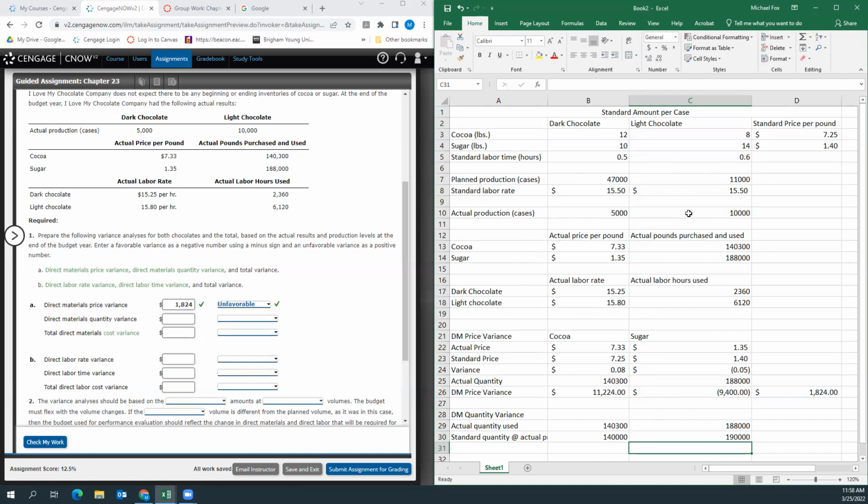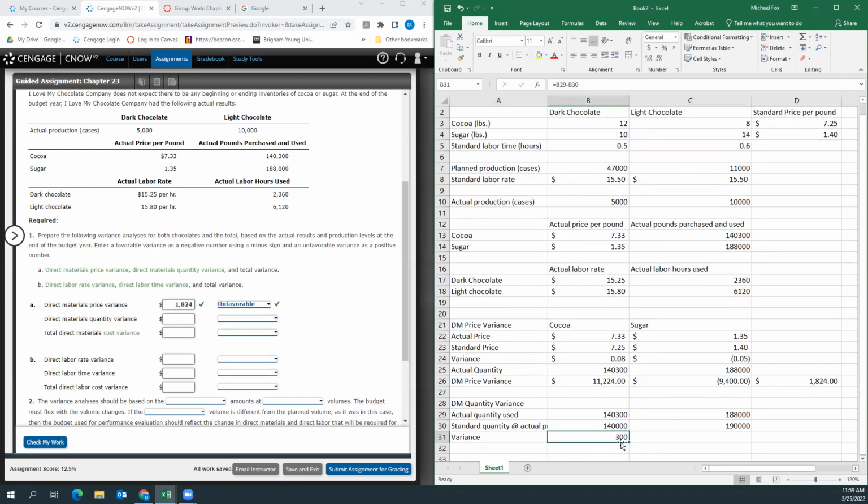So that is our standard quantity at the actual production level. So the difference between that is going to be our variance. And of course, that variance is in pounds.